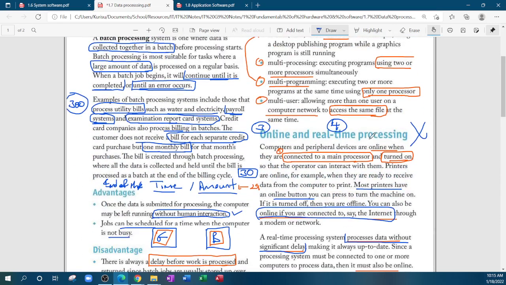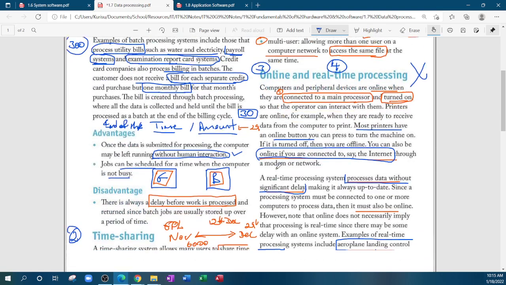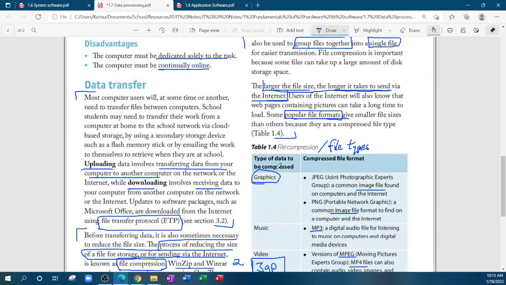You have online and real time. Online basically means the device is turned on, or it's connected to the internet. Real time means as it gets the data, it processes it right away. It doesn't wait like batch processing. So it's the opposite of batch processing.